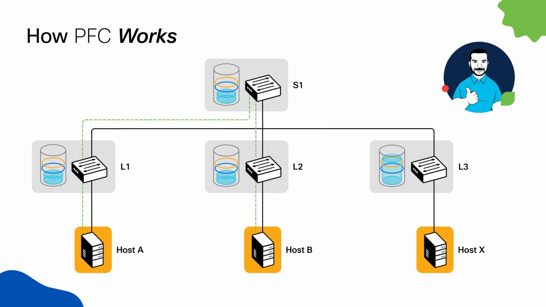Okay, so let's assume also that spine number 1 started experiencing the same thing. It's going to start sending PFC frames back to its other neighbors, leaf number 1 and leaf number 2, which is again, hey guys, I'm experiencing problems. My buffer is full now, so pause. Don't send anything. Then again, the two switches, leaf 1 and leaf 2, also started experiencing the same stuff.